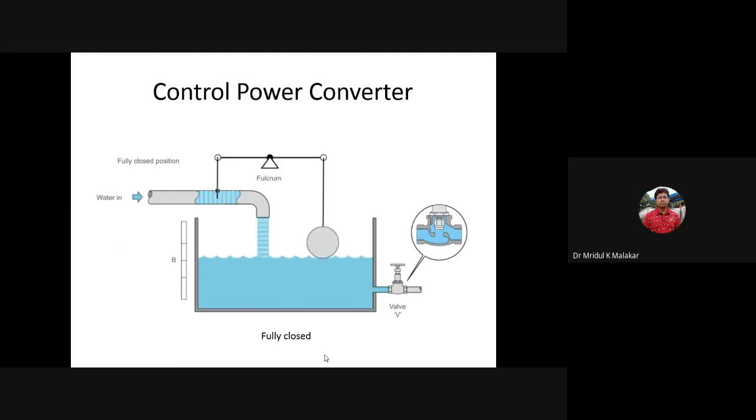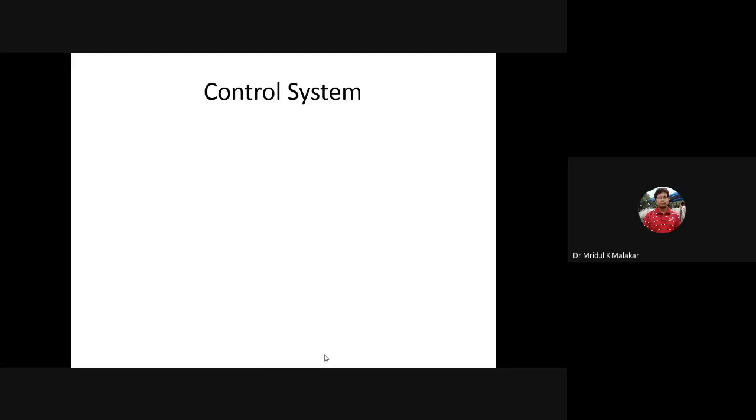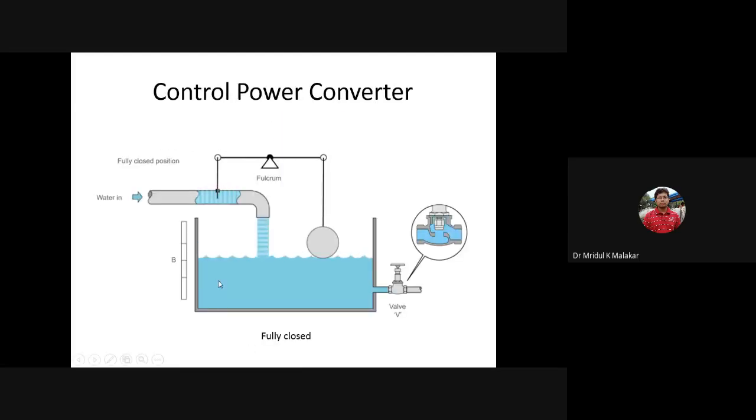I hope it is clear to everyone what exactly the control system is that we are looking for. Okay, next, what to control? It is a plant input. See, in the previous slide, I was controlling this.